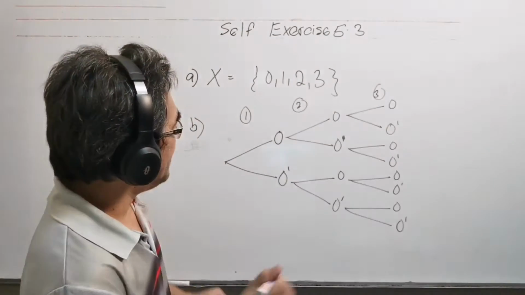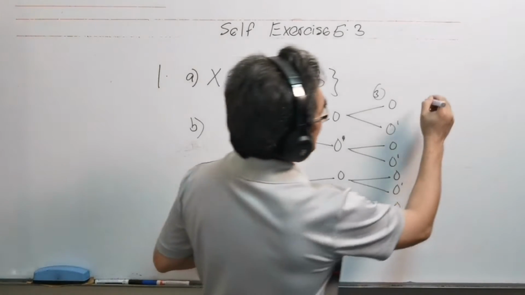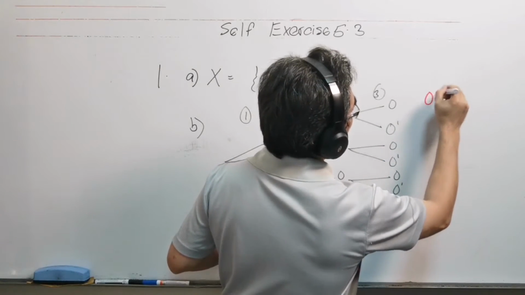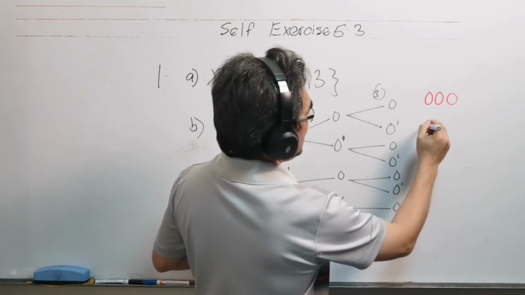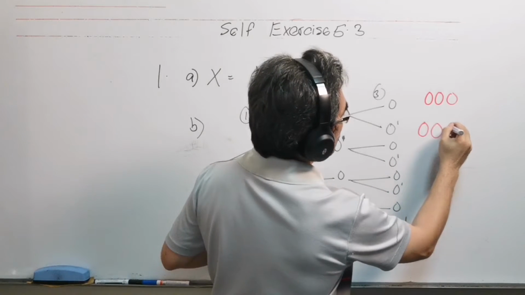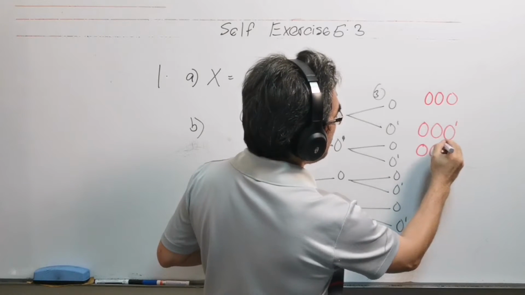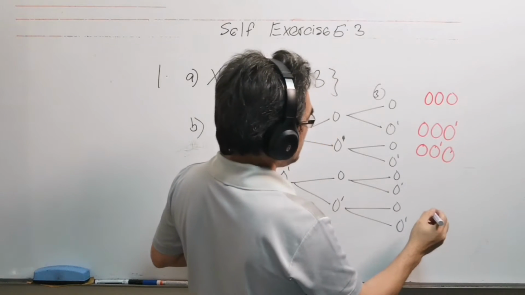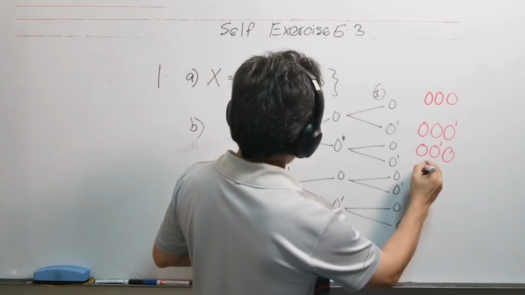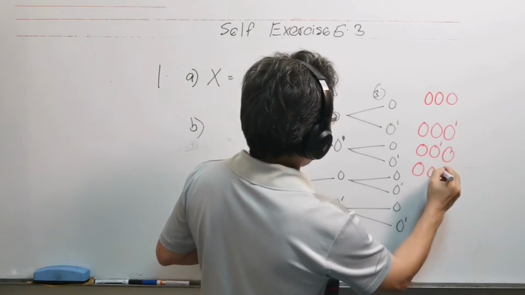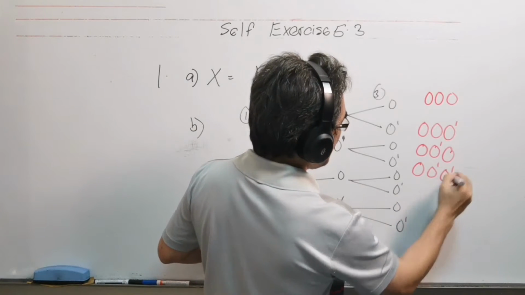So we have here O, O, O. Here will be O, O, O prime. Here will be O, O prime, O. And then we have here O, O prime, O prime.